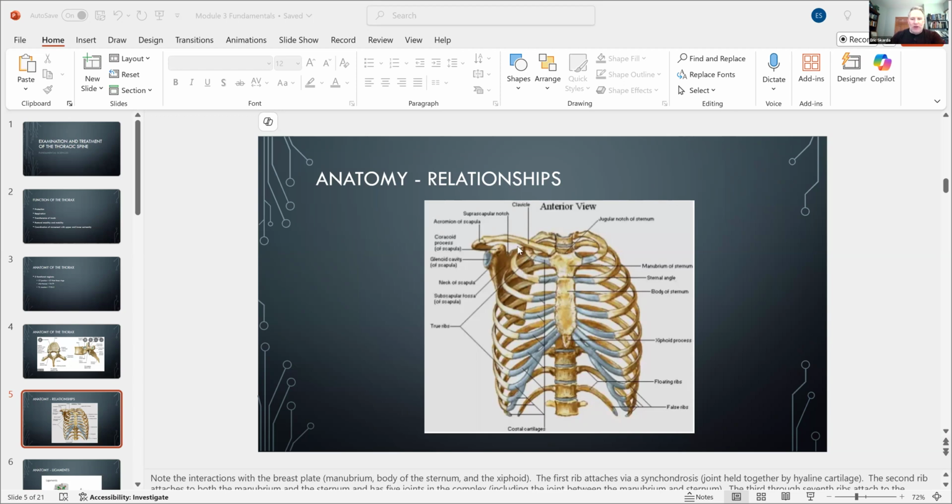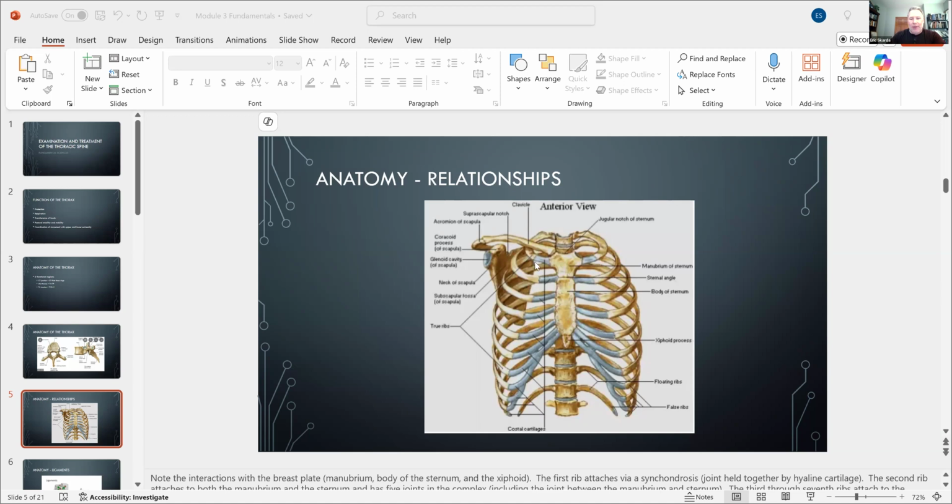So that starts to widen as we go laterally here and go more inferiorly. And that also occurs with the costochondral joints. So the costochondral joints are much more narrow here at the top, below the clavicle.